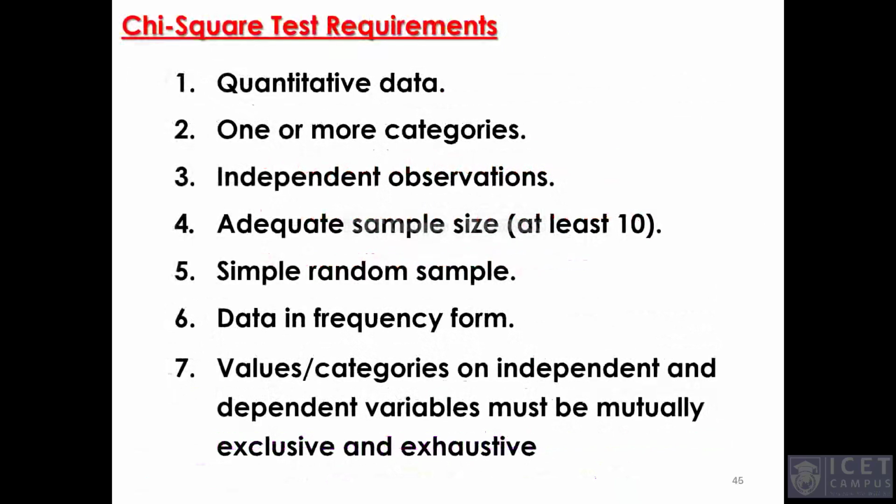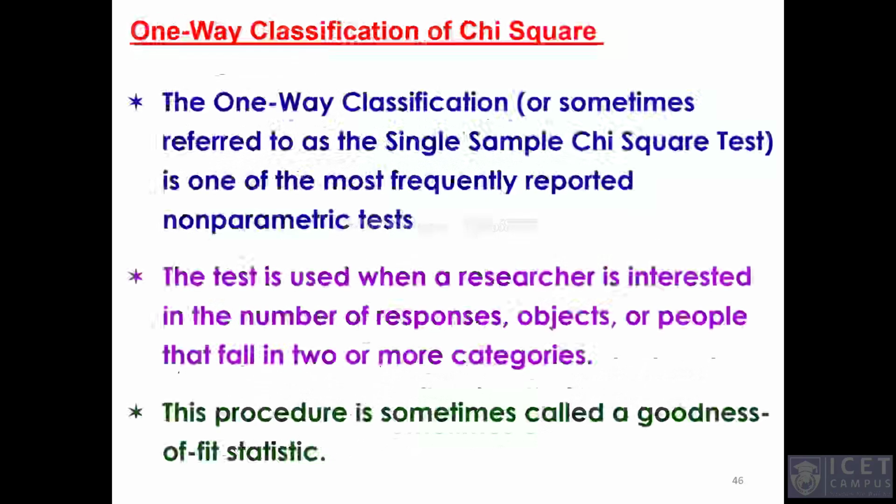These are the requirements: quantitative data, one or more categories, independent observations, adequate sample size, simple random sample, data in frequency form. So these are the requirements for the chi-square test.